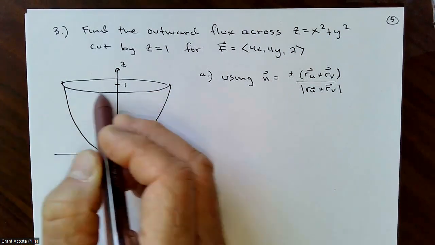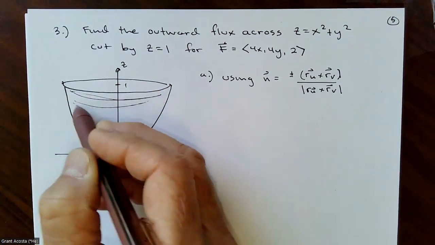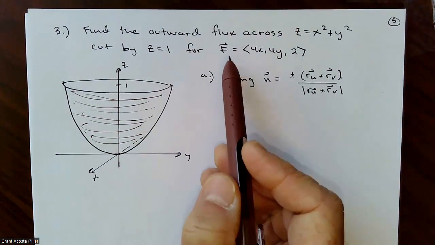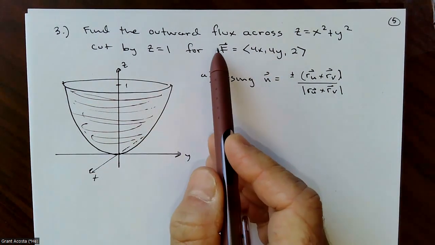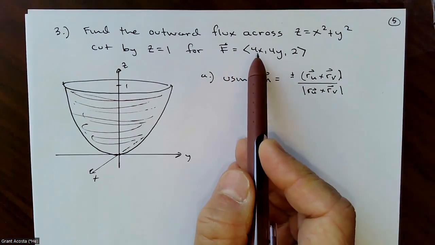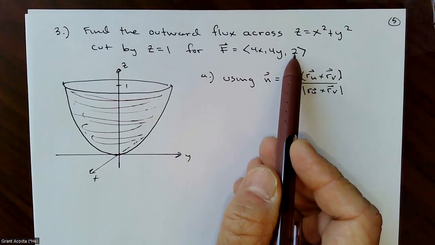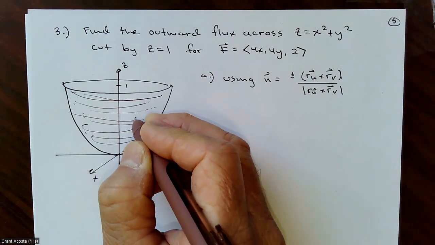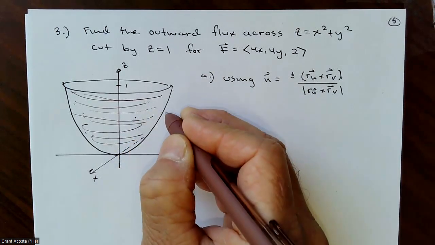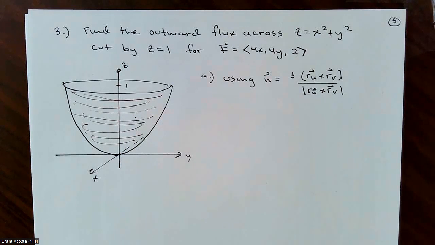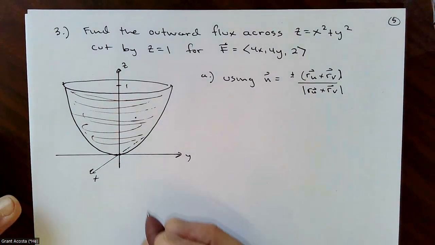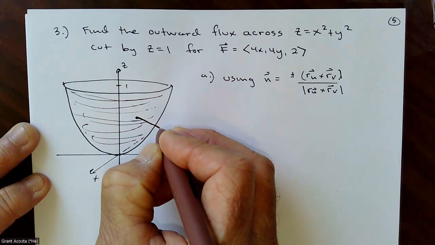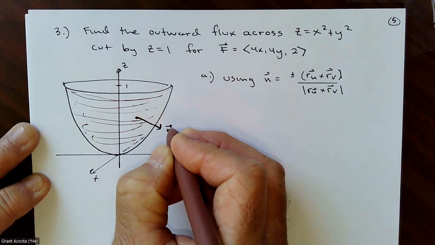So really just this part of the paraboloid, the outside, by this vector field 4x, 4y, 2. Outward would imply that there's stuff inside this little bowl coming outward, so I'd imagine for a point here, the normal would be pointing outward like this. That's what we want.